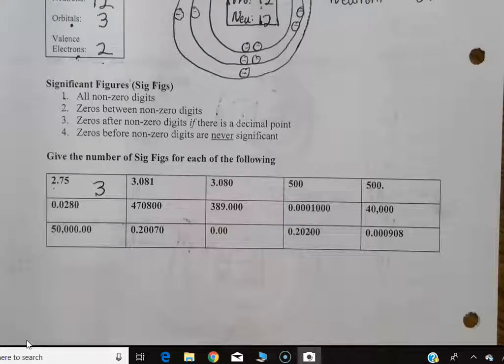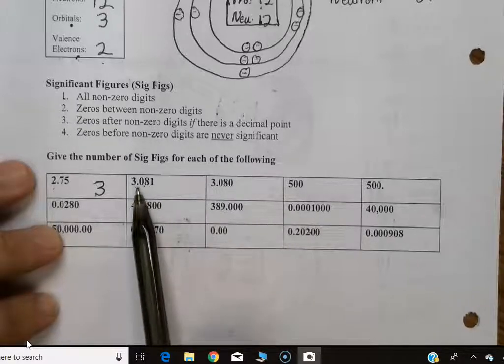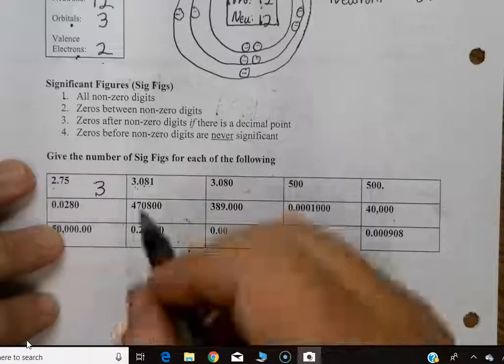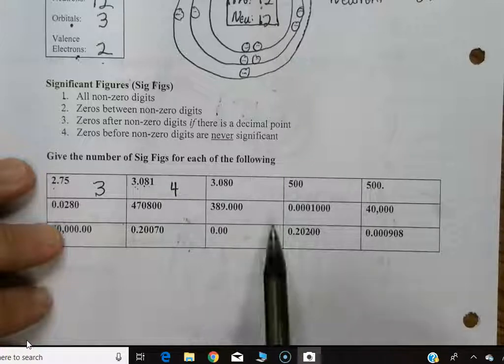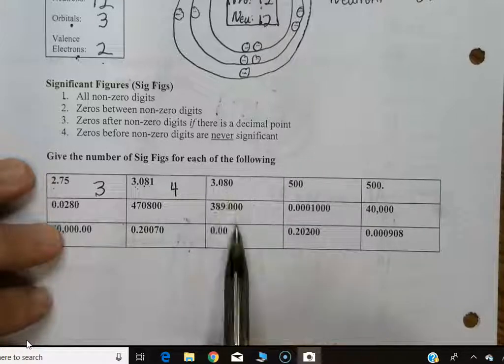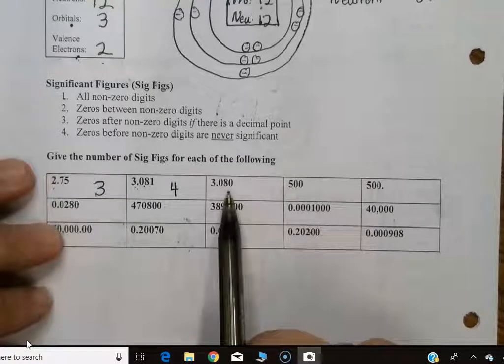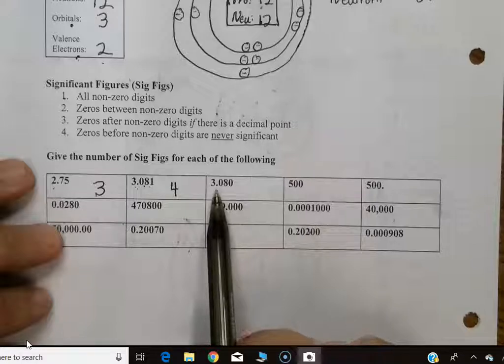Okay, next one. We have 3 non-zero digits, and we have a 0 in between 2 non-zero digits. That means all 4 of those are significant. Here we have 2 non-zero digits. We have a 0 in between them. That gives you 3, and the trailing 0 is significant because there's a decimal point there.